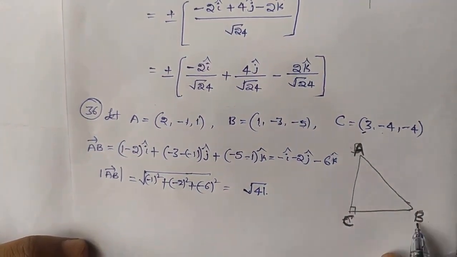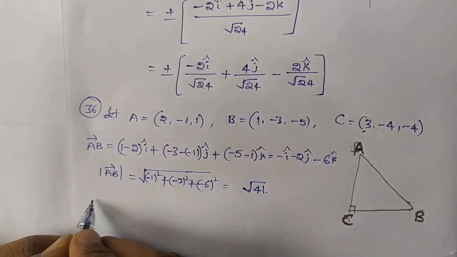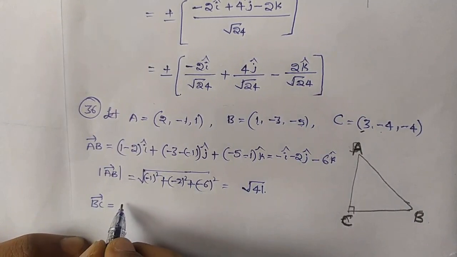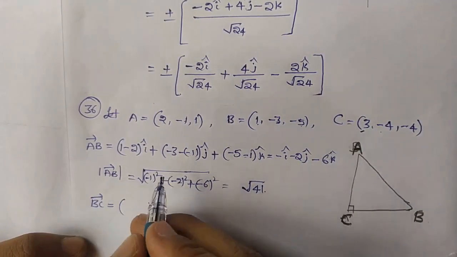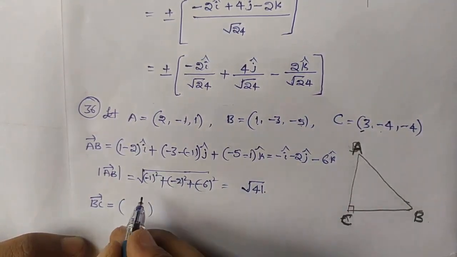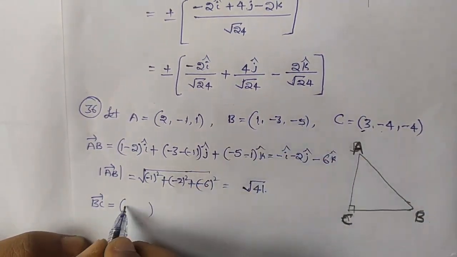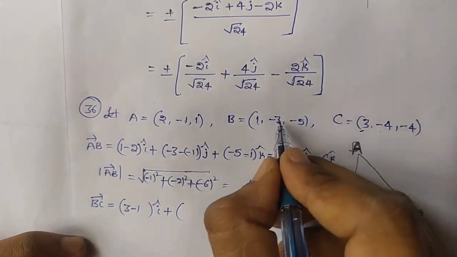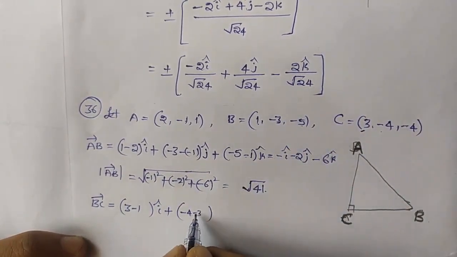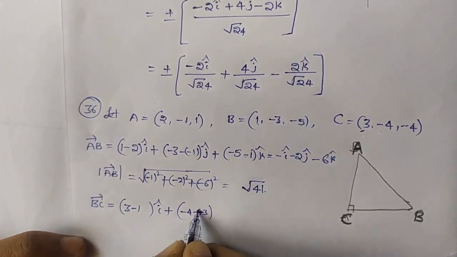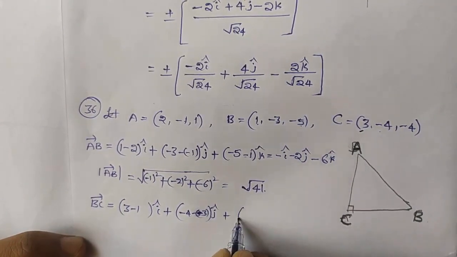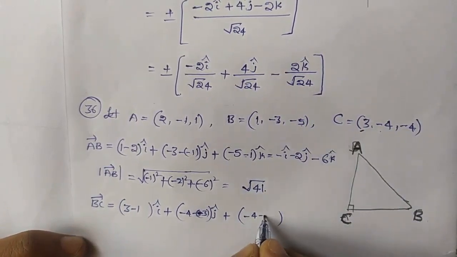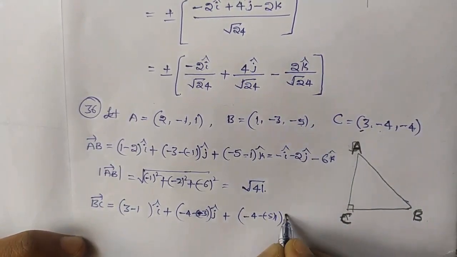Now find out the vector BC. BC vector equals, so BC vector equals 3 minus 1 into i plus minus 4 minus of minus 3 into j plus minus 4 minus of minus 5 into k.